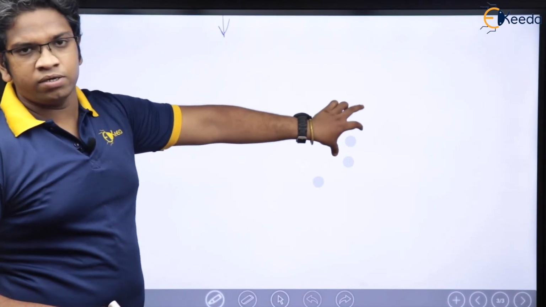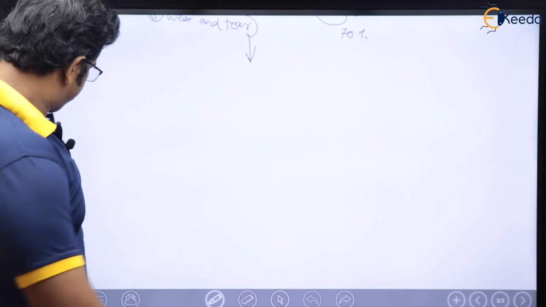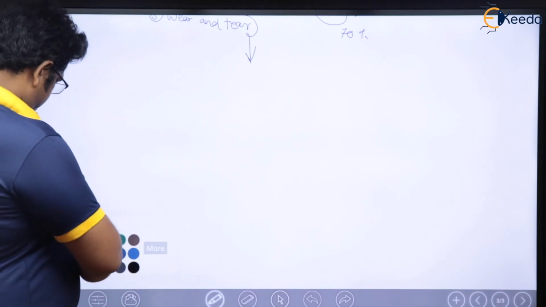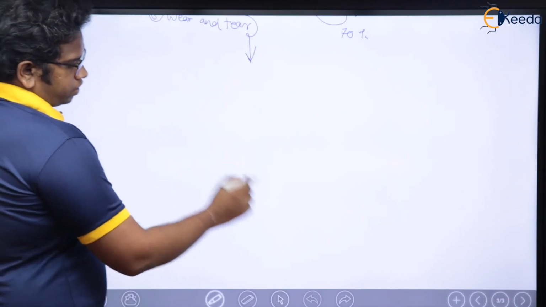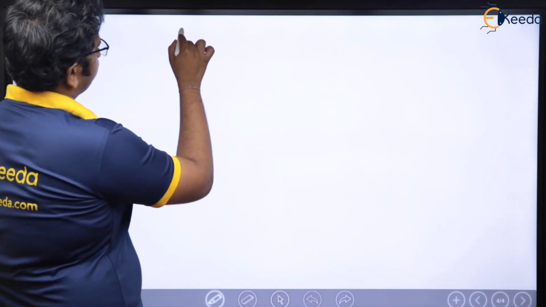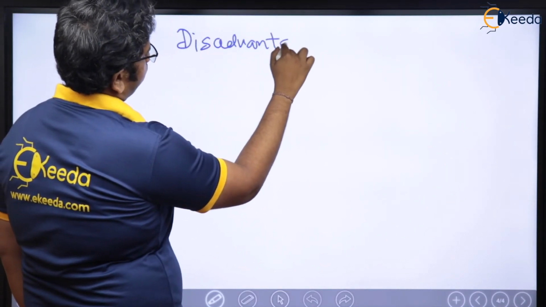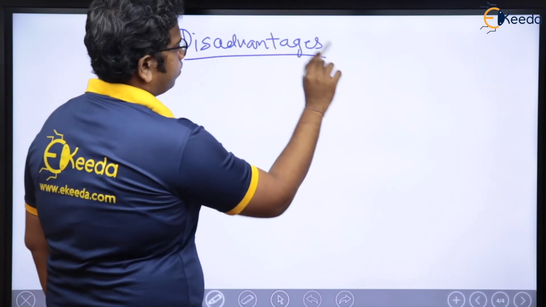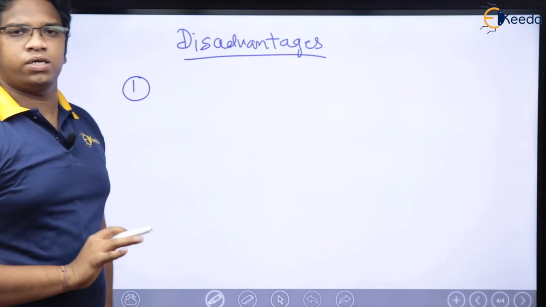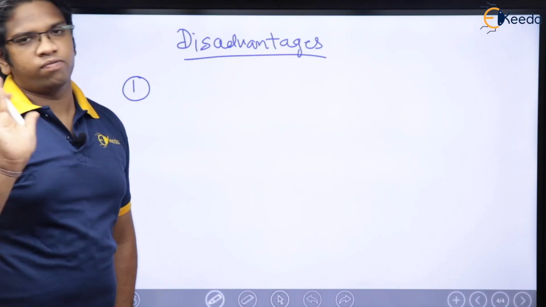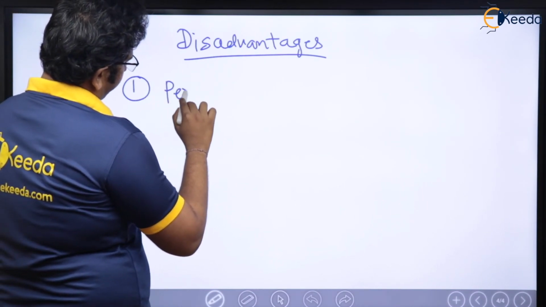Anyway, let us come back to our point. Definitely disadvantages are there. Let us think of disadvantages. The first disadvantage is the permanent magnet. We will talk about the operation later, but for the time being, focus on this.